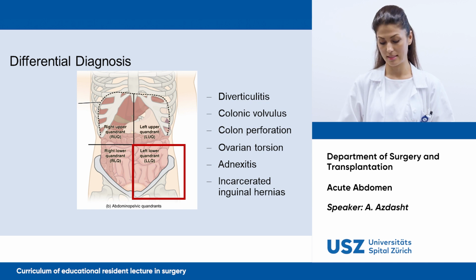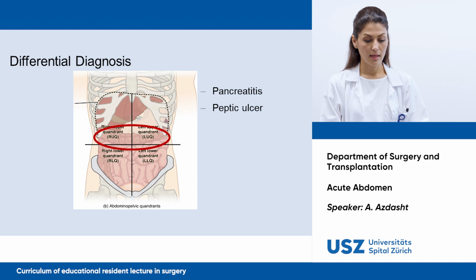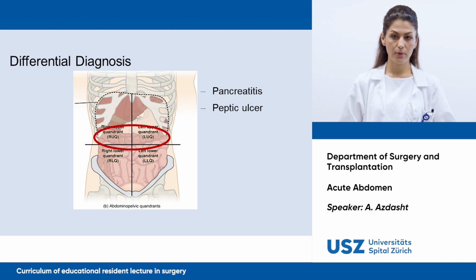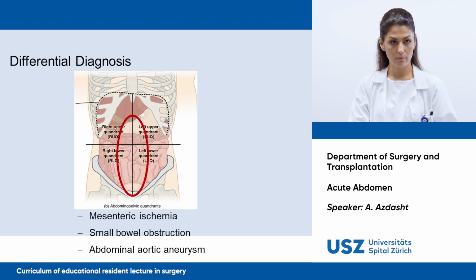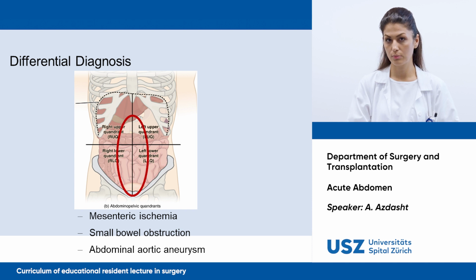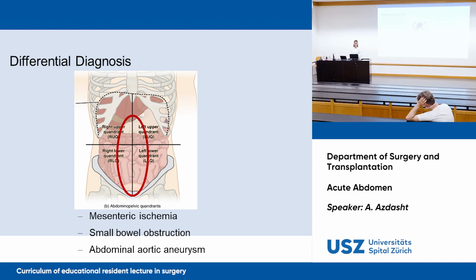It's diverticulitis, a volvulus, or a perforation. If the pain is located on the upper abdomen in general, think of a pancreatitis or of peptic ulcers. Whereas acute mesenteric ischemia, small bowel obstructions, or aortic aneurysms usually present themselves with pain in the midline.